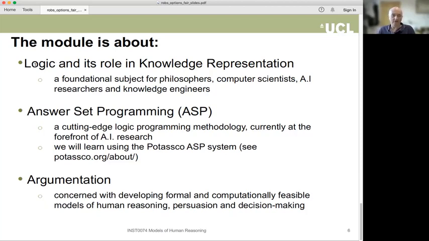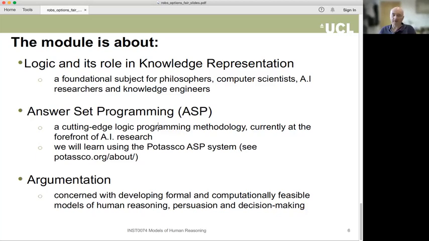It continues to look at logic a little bit more deeply and its role in knowledge representation. And then we go on in the first half of the module to look at answer set programming. Now, answer set programming is a new logic programming technology, and it's currently at the forefront of AI research.